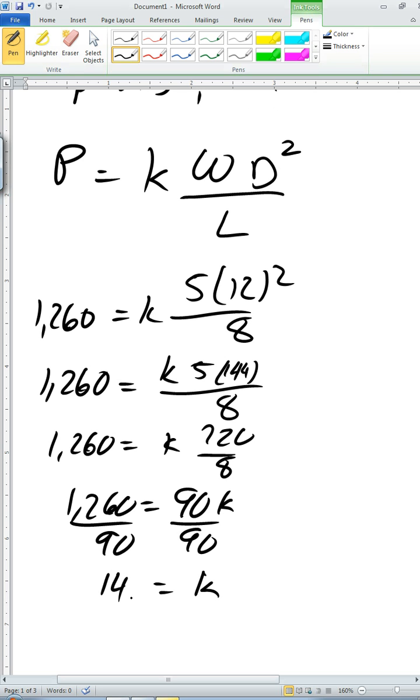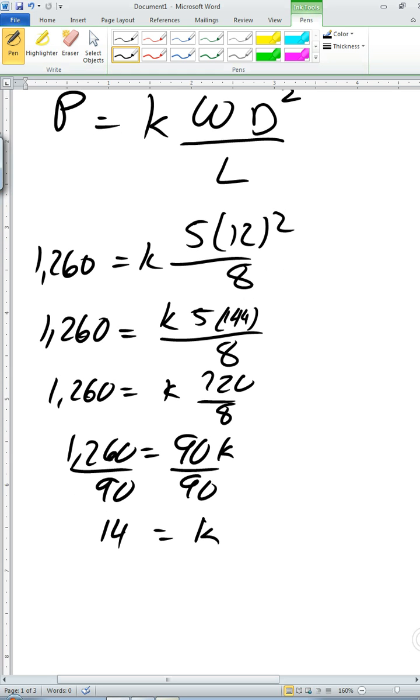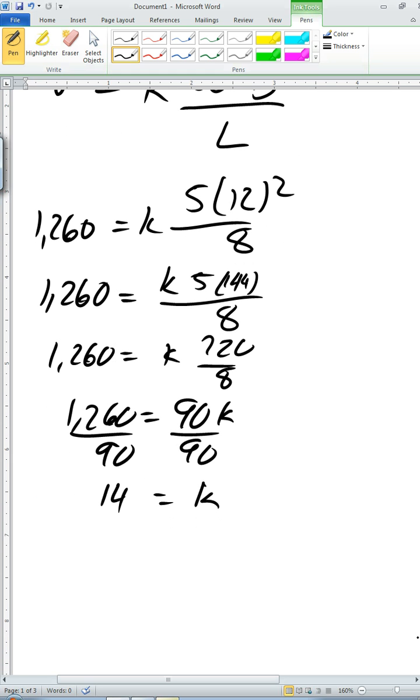Now, we have to go back and plug this into the information that we know. Because in the rest of the question, it says he wants to know the amount of pounds it will hold if everything is the same except the beam is 20 inches long instead of 8 inches long. So basically, everything is the same, and we will replace that 8 with 20. And now also we know K is 14.